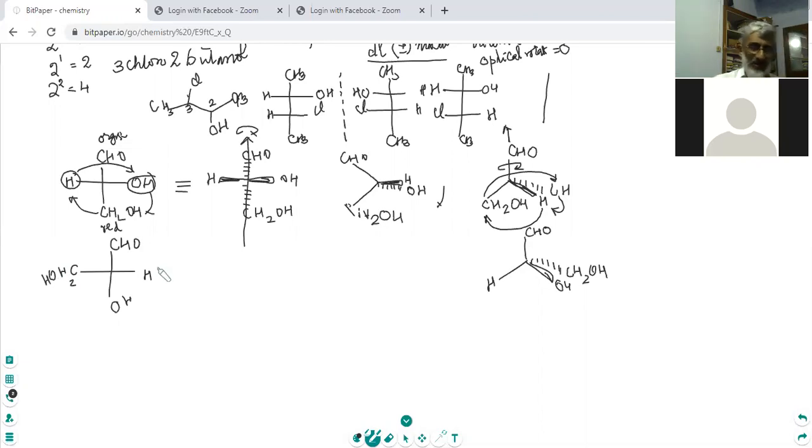Now, if you want, you can bring any of the groups to any place you want without changing the molecule. What you have to do? Hold one of them. Now look here. I'm holding this. I'm keeping the H there. Now mutually exchanging these three.